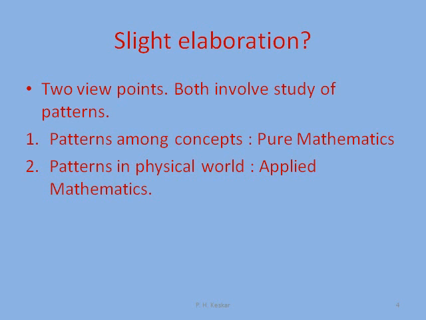There can be certain physical quantities which are measured, and relationships between physical quantities, or some phenomena which occur in practice with certainty, like an apple always falls down, or the sun rises every day and sets every day, and so on. So applied mathematics deals with patterns of the physical world.